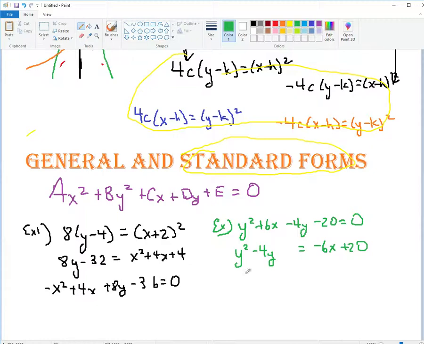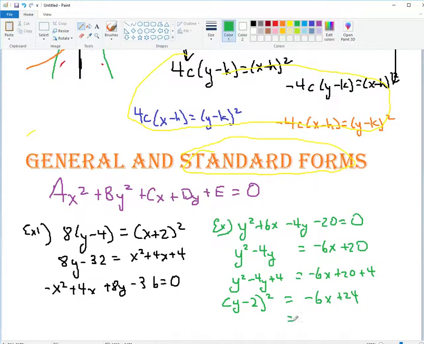So now we can complete the square here. So y squared minus 4y plus 4 should complete it. And that leaves 6x plus 20 plus 4 as well, right? Add. So that means this one is y minus, sorry, y minus 2 squared is equal to negative 6x plus 24.